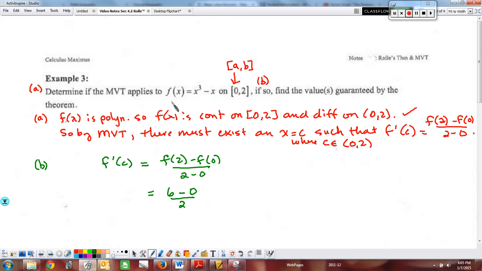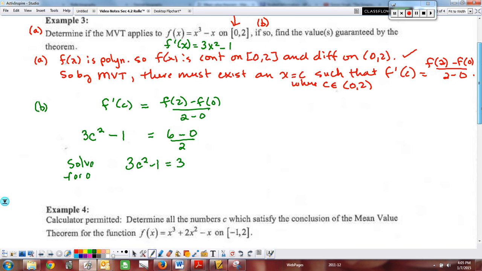So f prime of x would be 3x squared minus 1. So f prime of c would be 3c squared minus 1. So I'm now going from a formula, plugging in everything I know, and now I simply have to solve for c to find the value that I'm guaranteed.